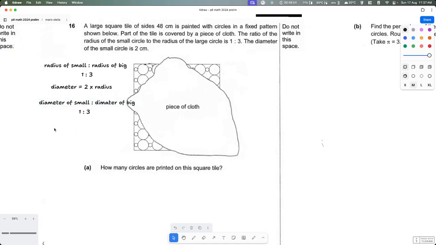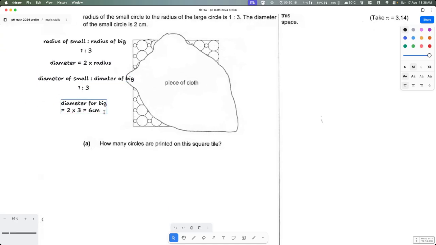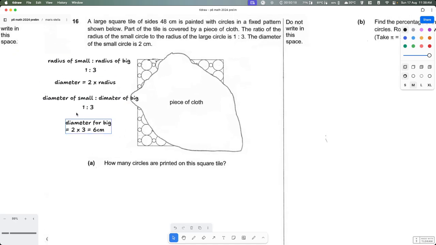So the diameter of the big circle is 2 times 3, so 6 centimeters. That's something that you need to know, because diameter being 2 times radius, the ratio is still the same, 1:3.